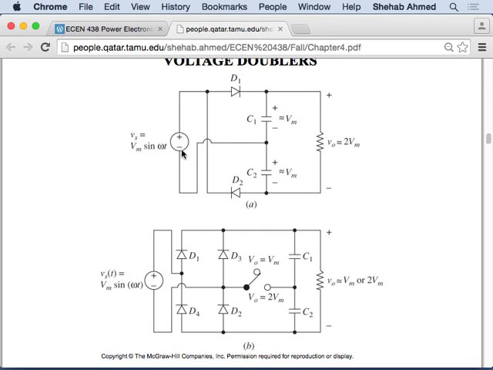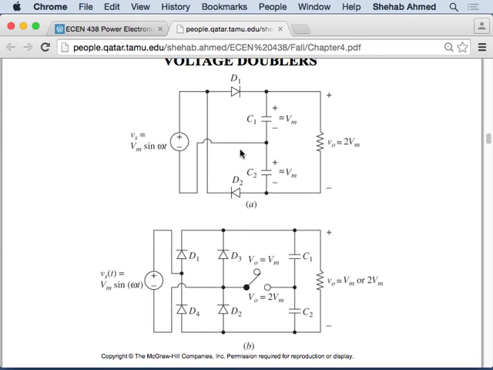In the negative half cycle, the source is flipped in polarity. So I'm putting my highest potential here and my lowest potential here. This is the lowest potential in the circuit, and this is a higher potential. So what will happen? Diode D2 can start conducting.